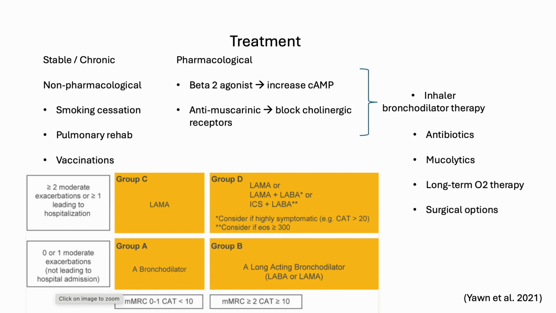Pharmacological management of the disease involves beta agonists, which increase intracellular cyclic AMP and lead to smooth muscle relaxation, while muscarinic antagonists block cholinergic receptors on the respiratory smooth muscle, which also promotes smooth muscle relaxation. These medications usually come in inhaler form, and so technique in using them is vastly important.